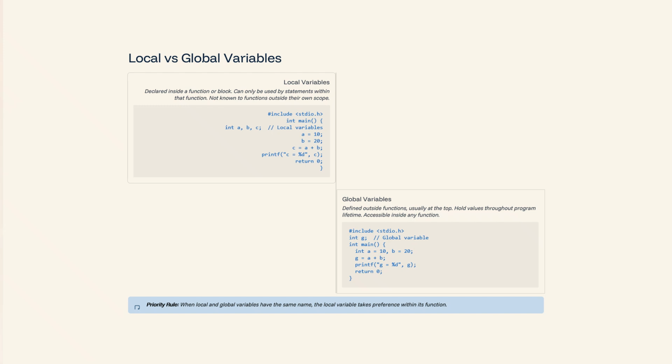See here, I define int g above main, which makes it a global variable, and I can use it inside the function, g equals 100. The main characteristic is that it is available throughout the program and its lifetime continues until the program ends. As for the priority rule, if local and global variables have the same name, the local variable gets priority inside the function.